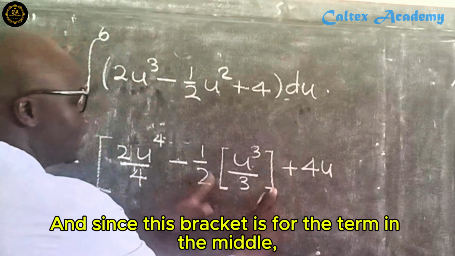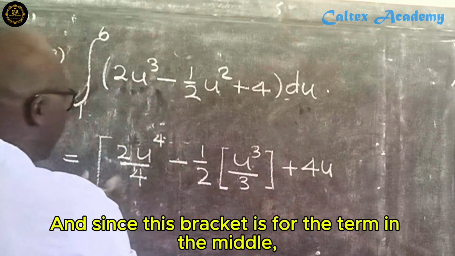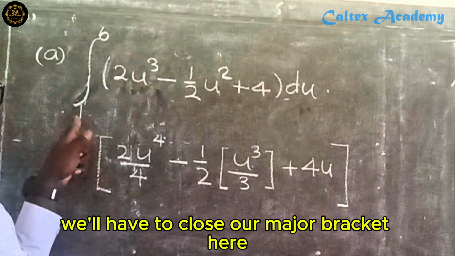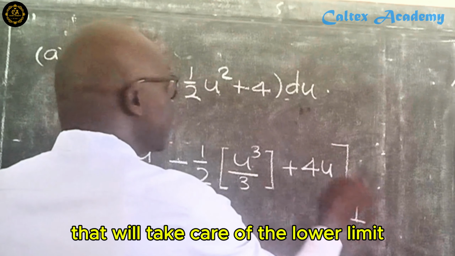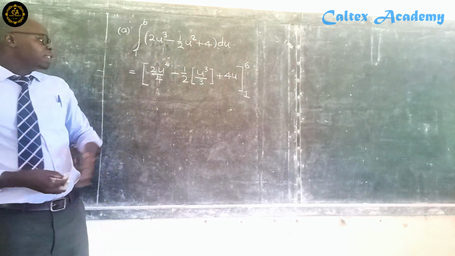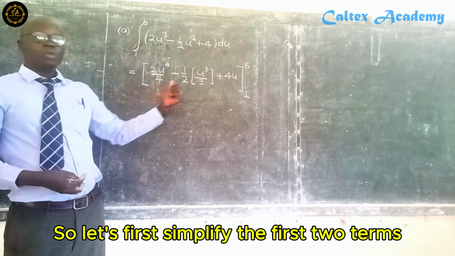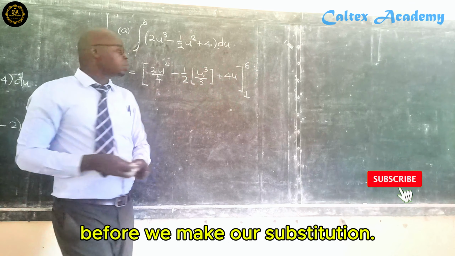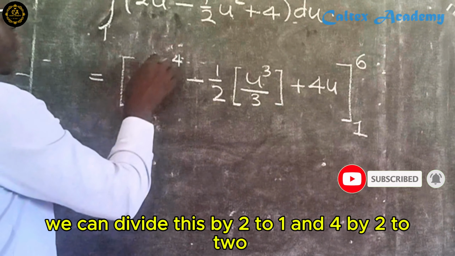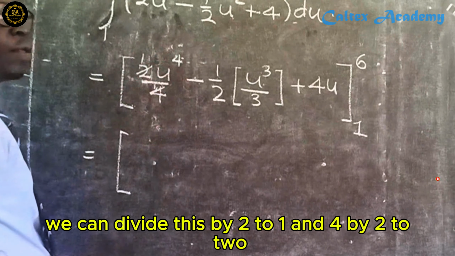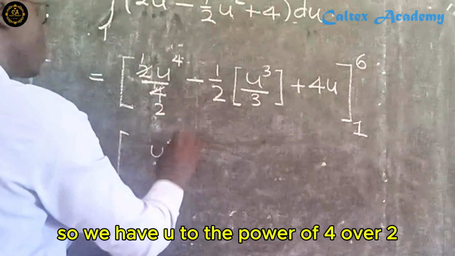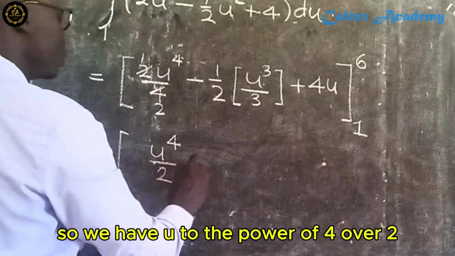Since this bracket is for the term in the middle, we'll have to close our major bracket here that will take care of the lower limit together with the upper limit. So let's first simplify the first two terms before we make our substitution. The first one, we can divide 2 by 2 to get 1, and 4 by 2 to get 2. So we have u to the power of 4 over 2.